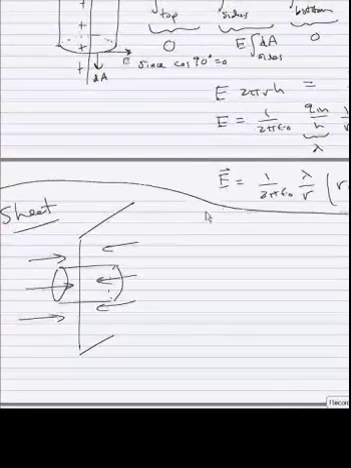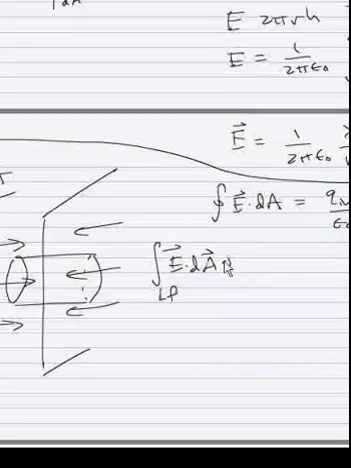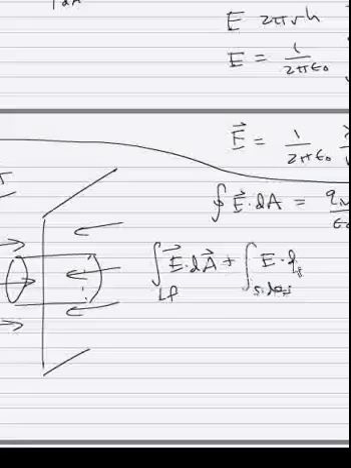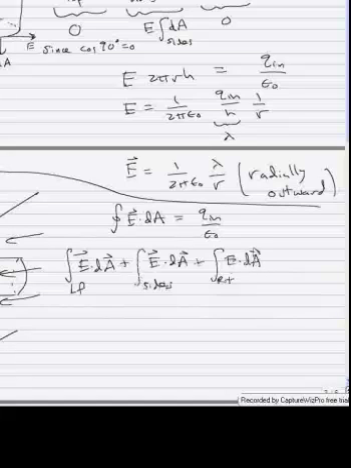I'm going to start off with the same Gauss's law. E dot dA over a closed surface is Q in over epsilon naught. I'm going to break this up into the integral over the left side of E dot dA plus the integral over the sides plus the integral over the right side. And that's Q in over epsilon naught.